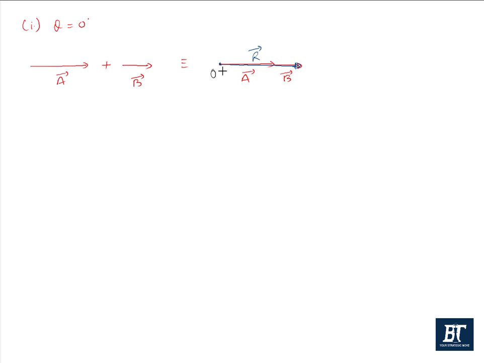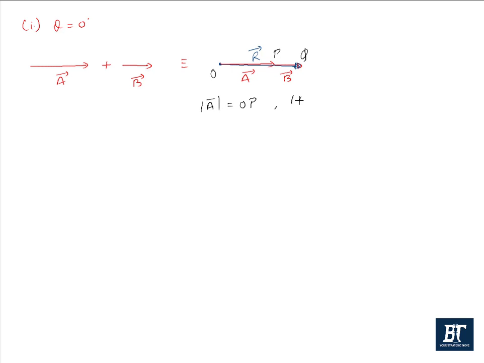So here also we are naming these points O, P and Q, and the length of vector A is the distance between points O and P, which is also equal to the magnitude of vector A.